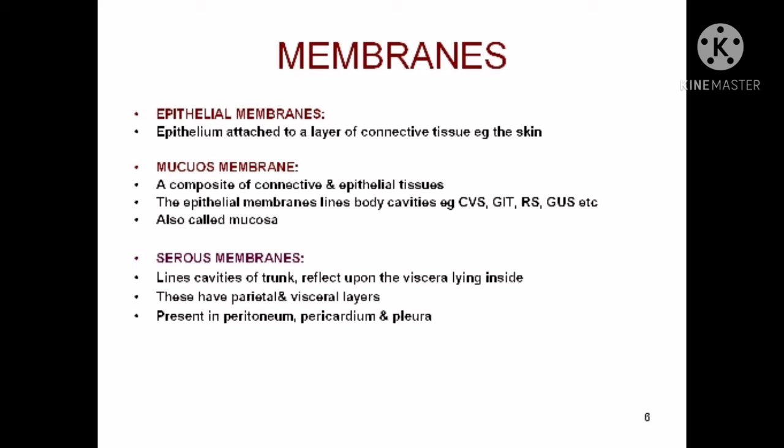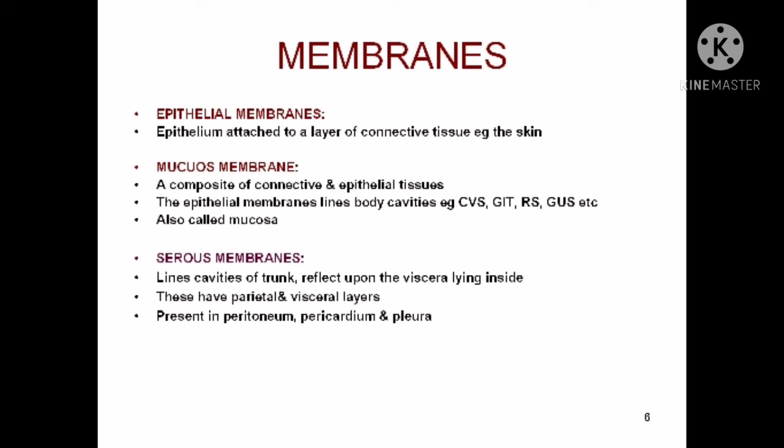Their examples are the peritoneum of the abdomen, which encloses the intestines. Some organs are inside the peritoneum, but some are outside the peritoneum. They are called the extraperitoneal structures. Then the pericardium and the pleura.